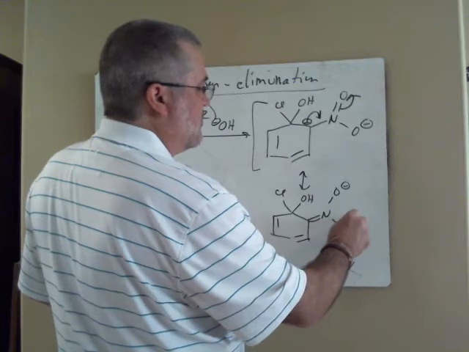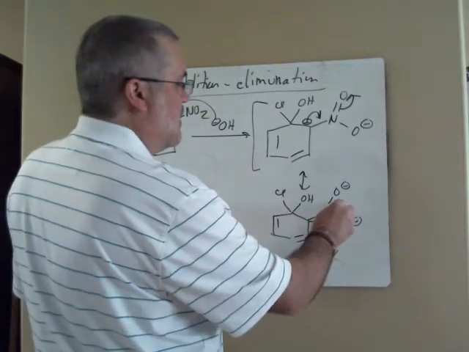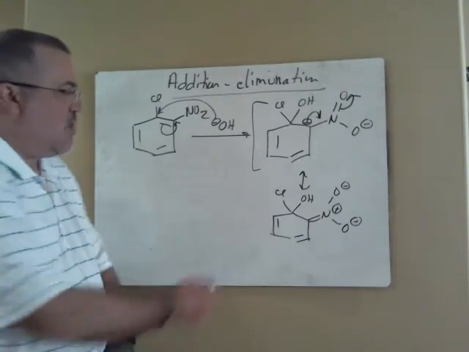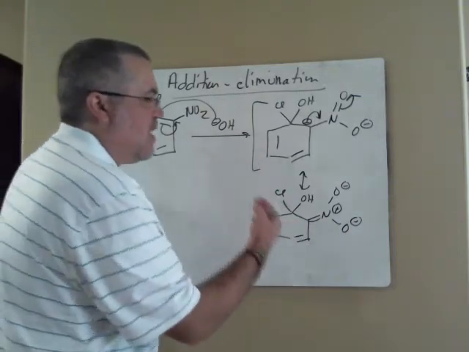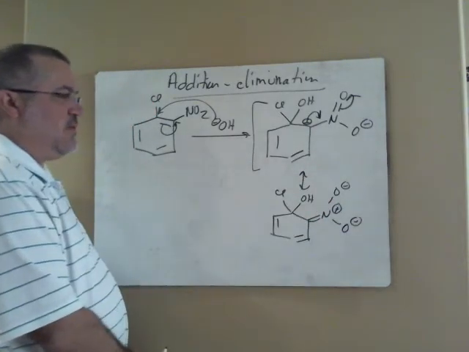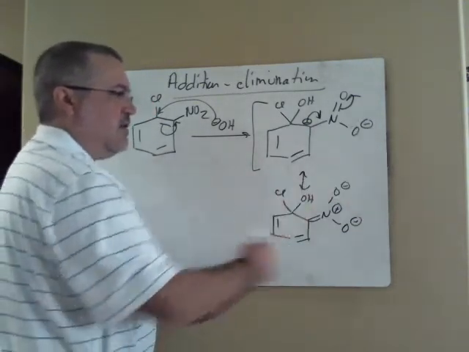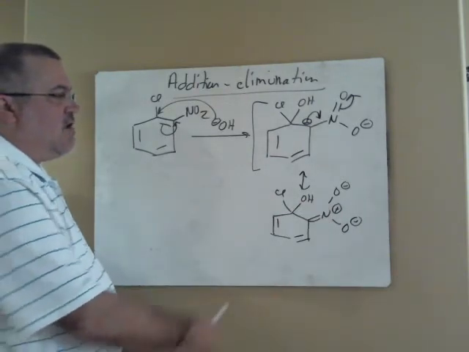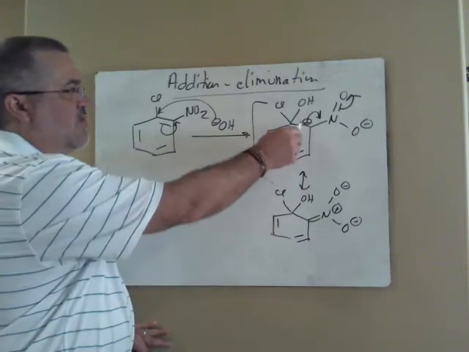It'll work the same for any electron withdrawing group. And so I'm adding another resonance form where the ring is stabilized by moving those electrons out into the substituent, delocalizing electron density. Okay?